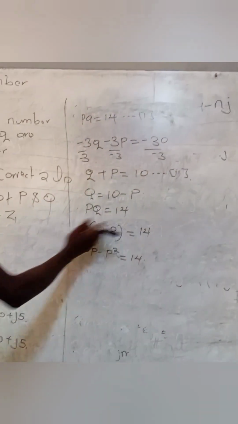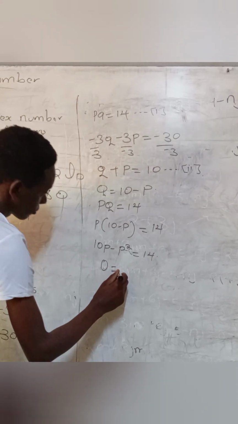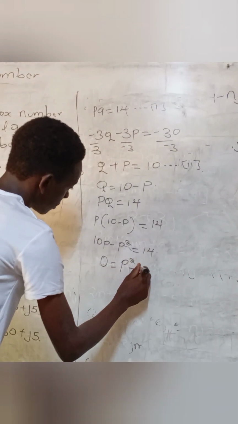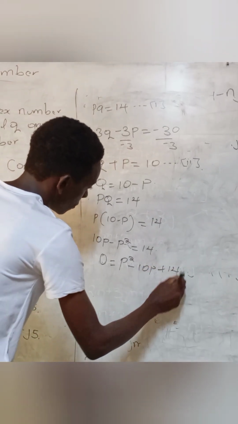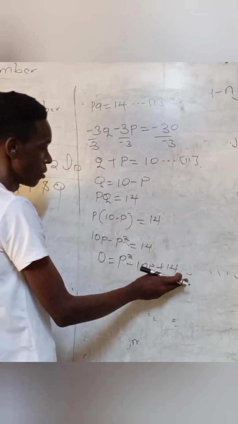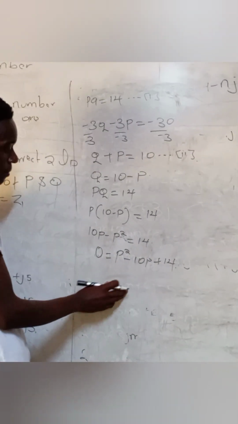I will take everything to the other side. So I will have 0 is equal to p squared minus 10p plus 14. I have a quadratic equation and I need to solve for the value of p.